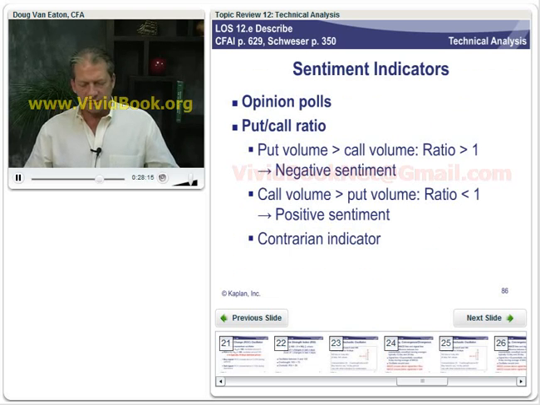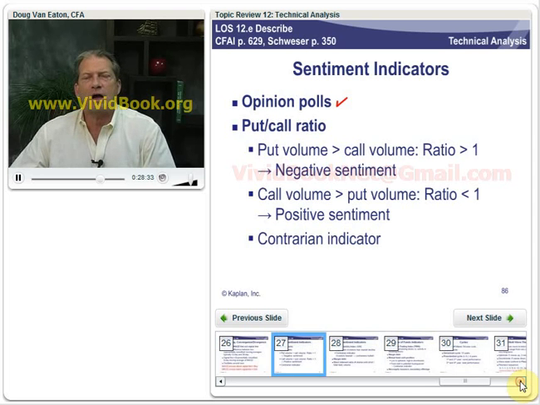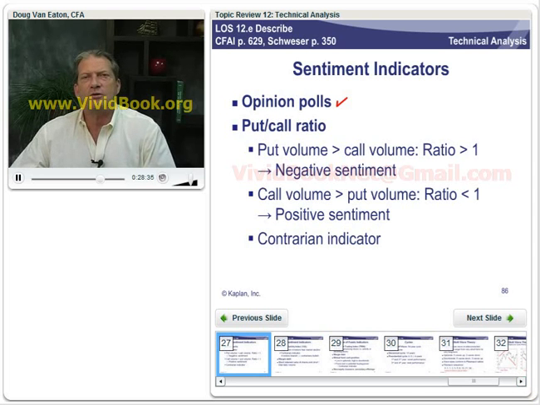Now we'd like to talk about some sentiment indicators, and sentiment indicators can be used either as a contrarian indicator or as just a straight indicator that we go along with. Now we've got opinion polls. You'll see surveys of how many advisors are bullish and the ratio of bullish to bearish investment advisors, those sorts of opinion polls.